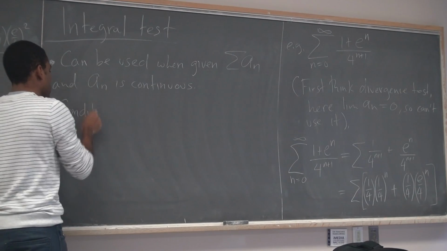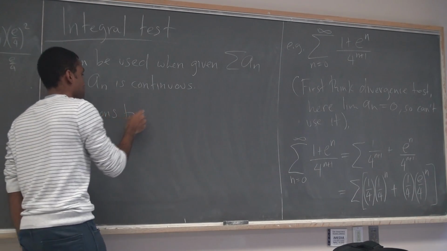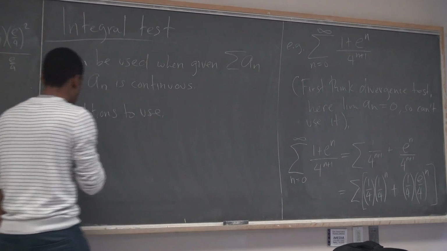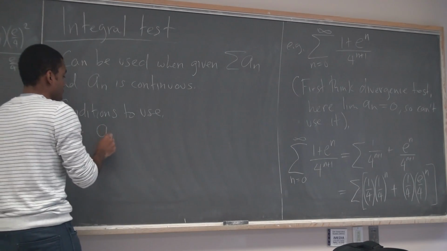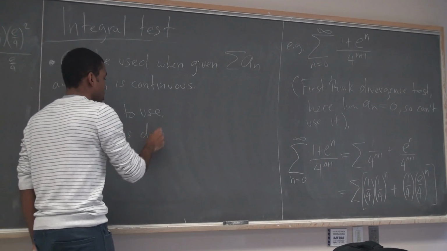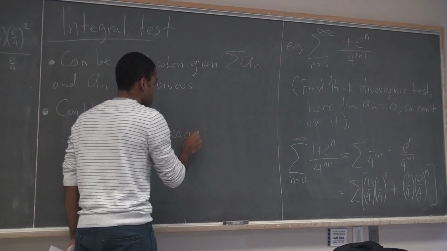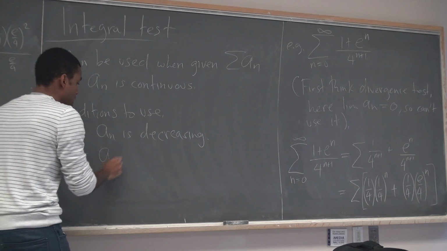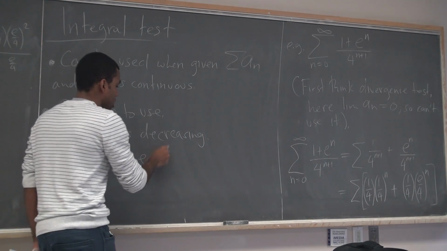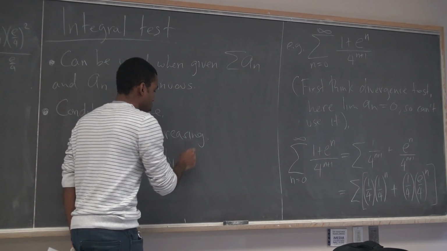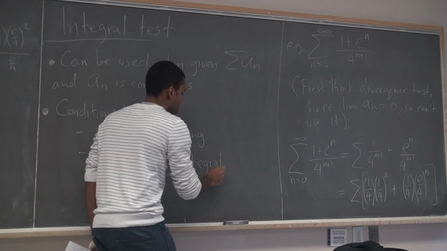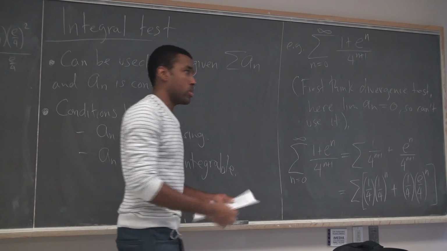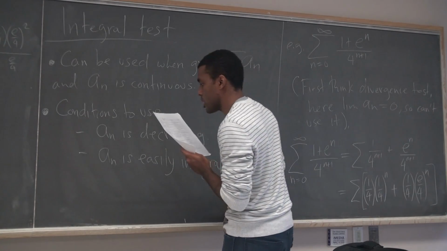Its conditions to use: one, a_n is decreasing. Remember, we spoke about what decreasing means. So as a sequence, it's decreasing. And two, a_n is easily integrable. That's sort of when you know you have to use this. So let's look at an example.